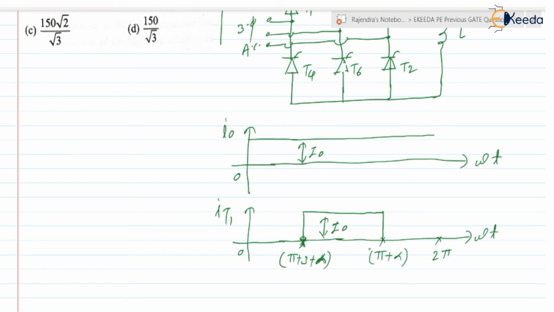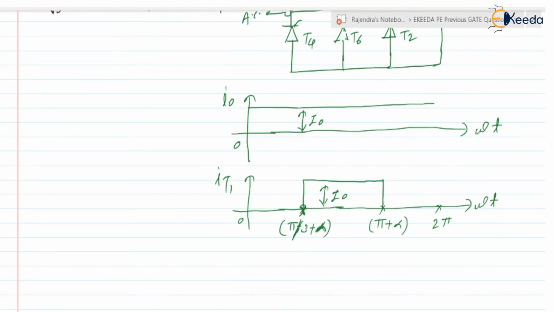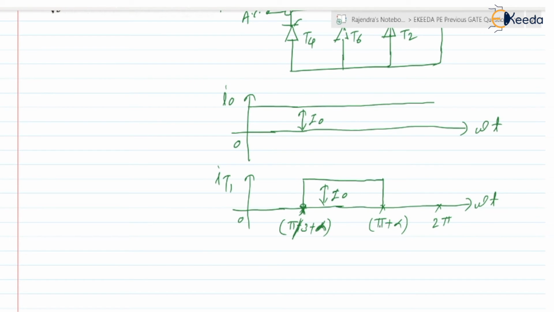Thyristor T1 will be in pair with thyristor T6 till 2 pi by 3 plus alpha, and after that, from 2 pi by 3 plus alpha to pi plus alpha, it will be in pair with thyristor T2.